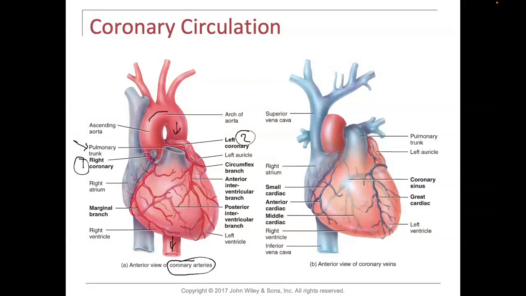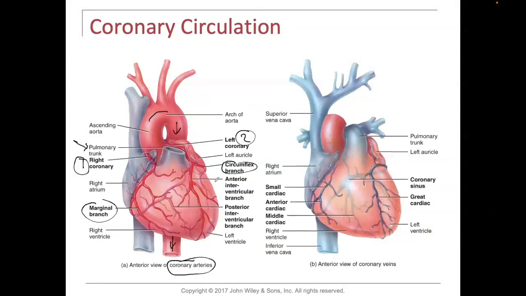So off of that right coronary, we have the marginal branch, that's important. And off the left coronary, there's a circumflex branch that's going to wrap around to the posterior. And there's your anterior descending.